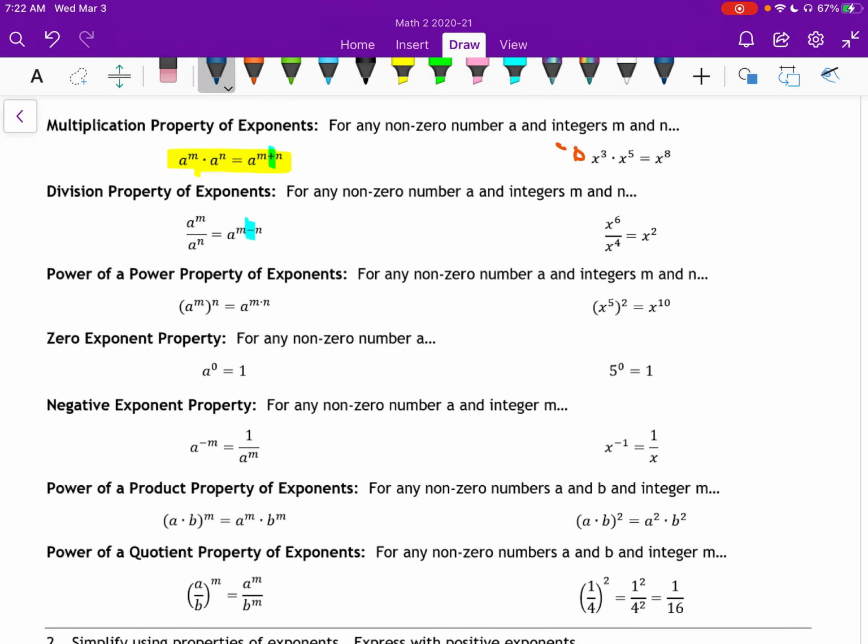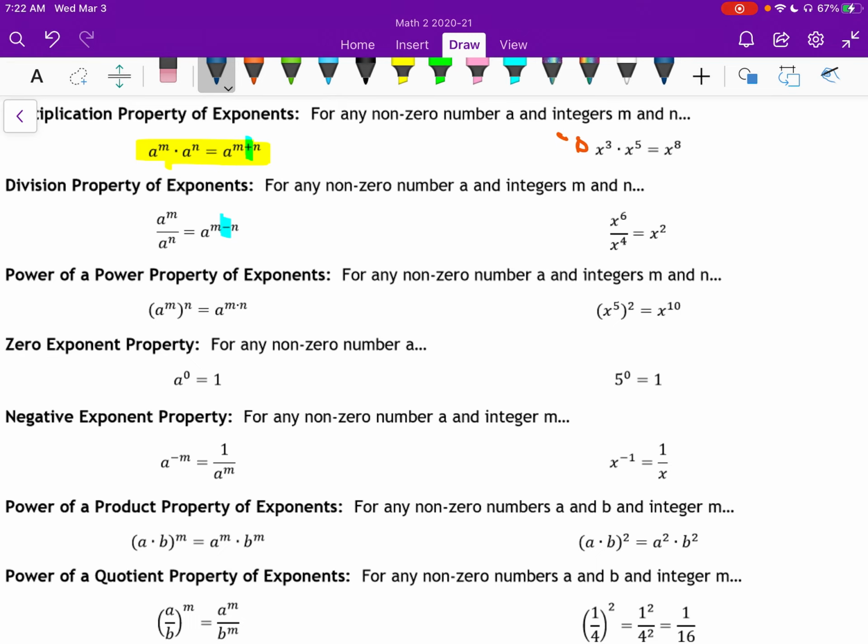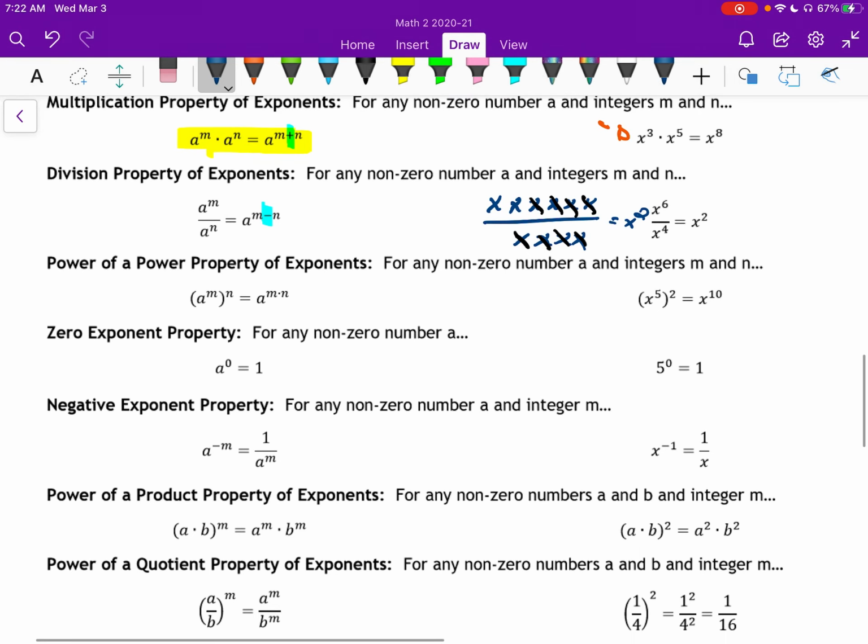And to show why this works, if we have this x to the 6th over x to the 4th here, we have 1, 2, 3, 4, 5, 6 x's on top, 1, 2, 3, 4 x's on bottom. You can cross these out, or you can cancel them. And we're left with 2 x's, which happens to be 6 minus 4. So we have our x squared. Right? That's why the division property works the way it does.